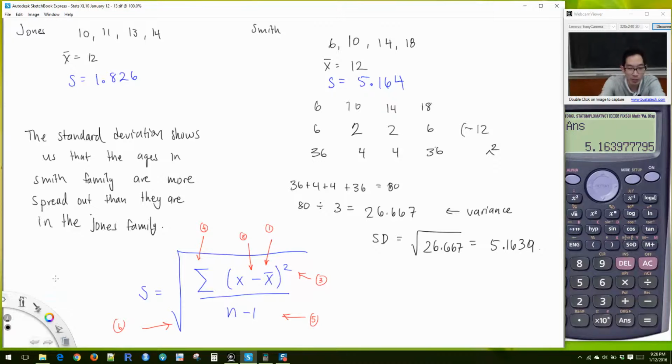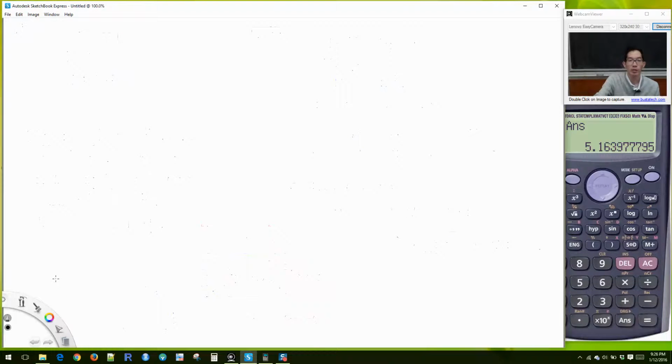Okay, we still have more to cover. We have this concept of z-scores, okay? Now z-scores, these combine the mean and the standard deviation into a concept that tells us how extreme a point is, okay?